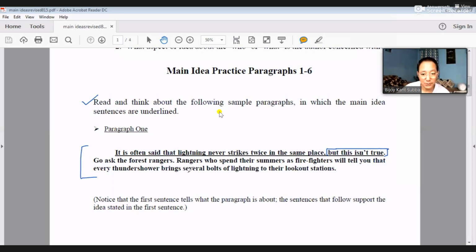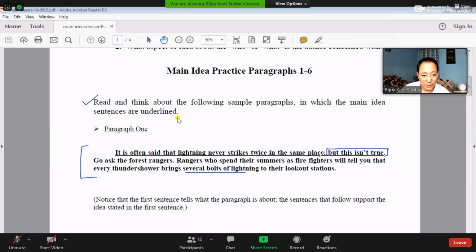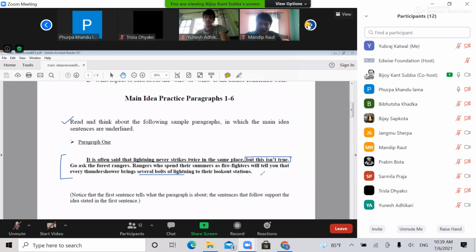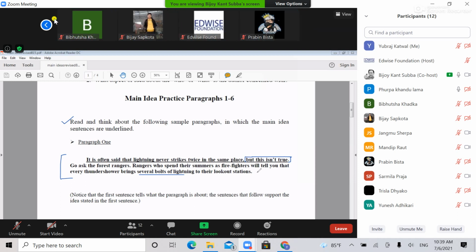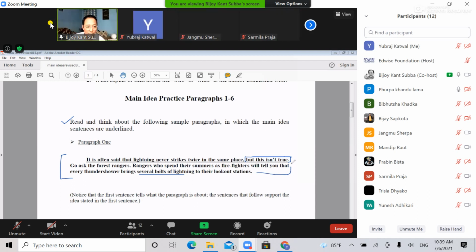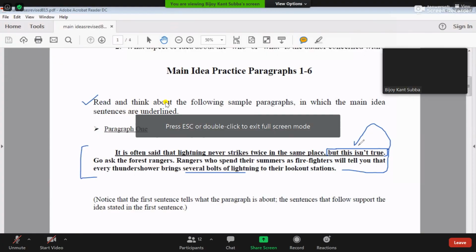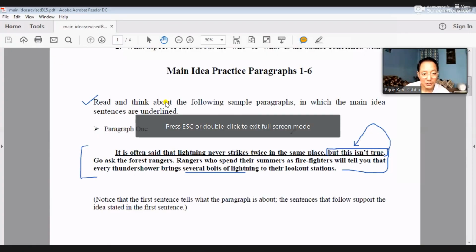You might notice that all the words in the second and the third sentence support the very first sentence, that lightning actually can strike in more than one place. Hence, the very first sentence contains the main idea, and the first sentence that's underlined is the topic sentence.